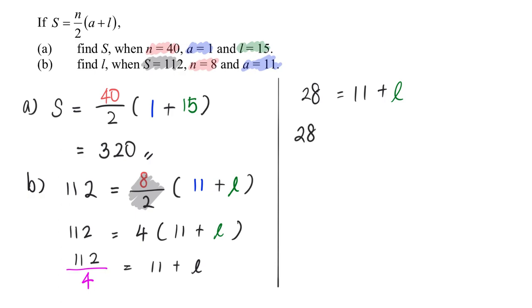So I'm going to minus by 11 on both sides, so that finally I will only get my L. So 28 minus 11, 17. And I've successfully found the value of L.